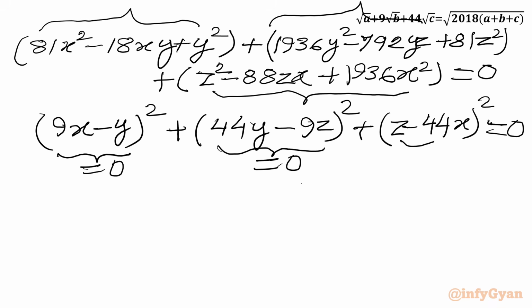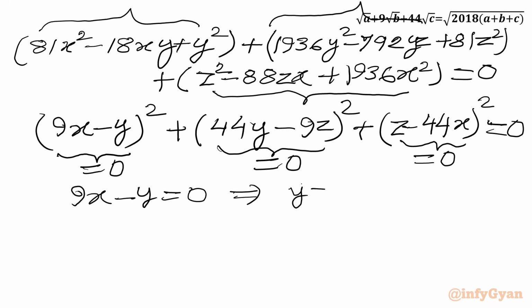So we'll write three equations from here. The first equation would be 9x minus y equal to 0, so from here y equals 9x. From the second equation, 44y minus 9z equal to 0.